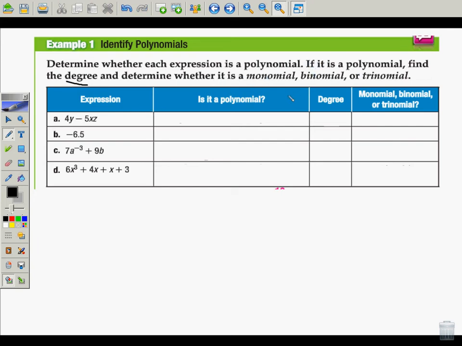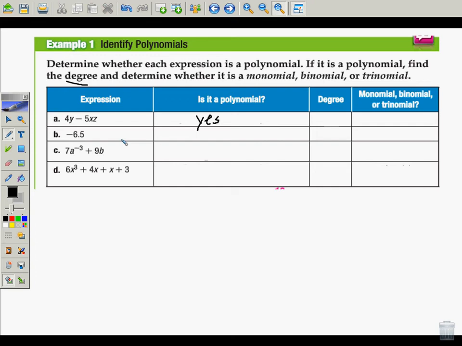Basically, your only rule for it to be a polynomial is no negative exponents. So we can say yes because we have a monomial and then we have another monomial. Two monomials make it a polynomial. To find the degree, we are going to find the term with the highest amount of exponents. So we have 4y to the first power, so that is degree of 1.